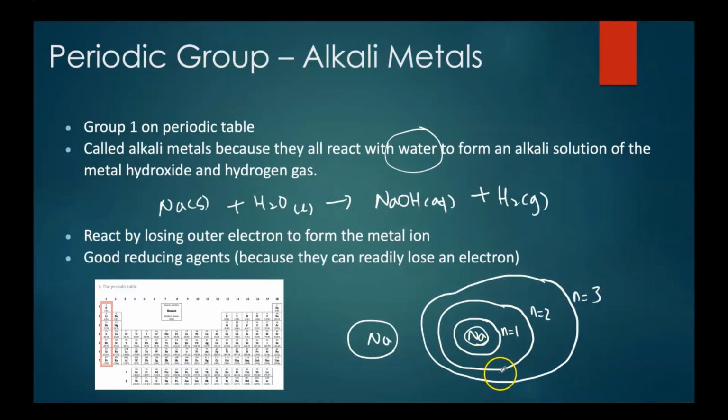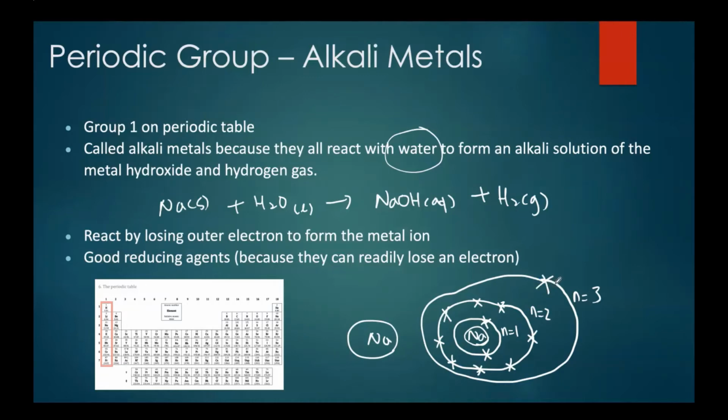Sodium has 11 protons, which means it has 11 electrons. So I'm going to say 2 electrons in energy level 1, 8 electrons in energy level 2, and that means there's only 1 electron in the last energy level.